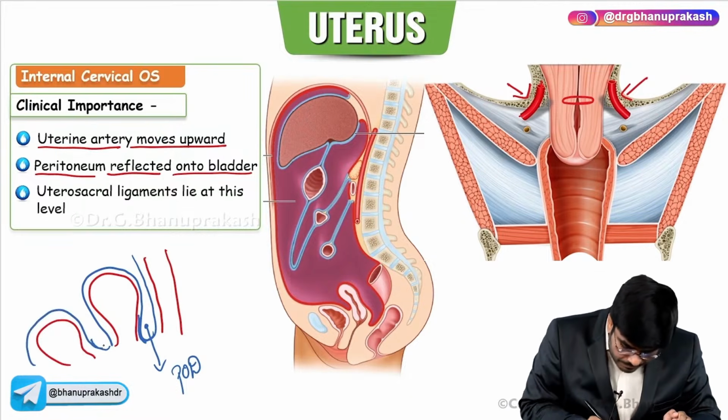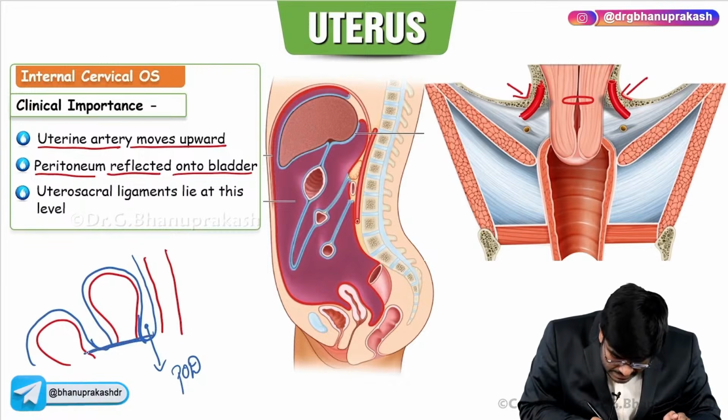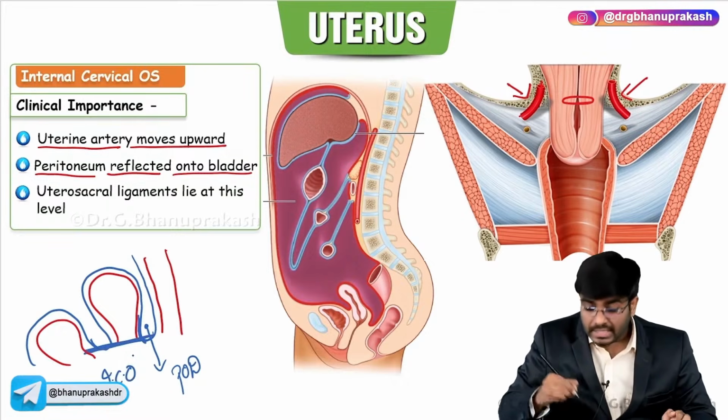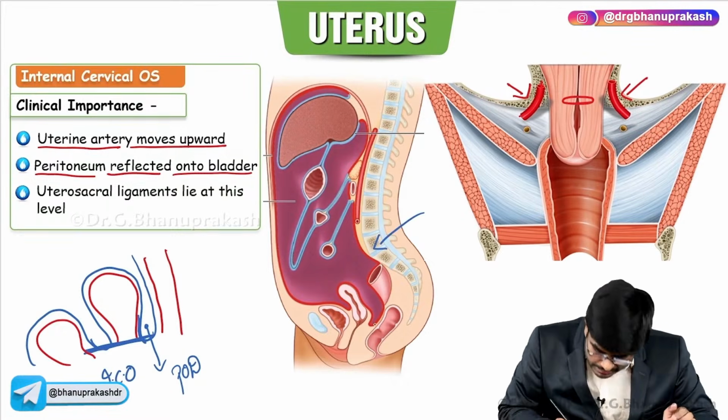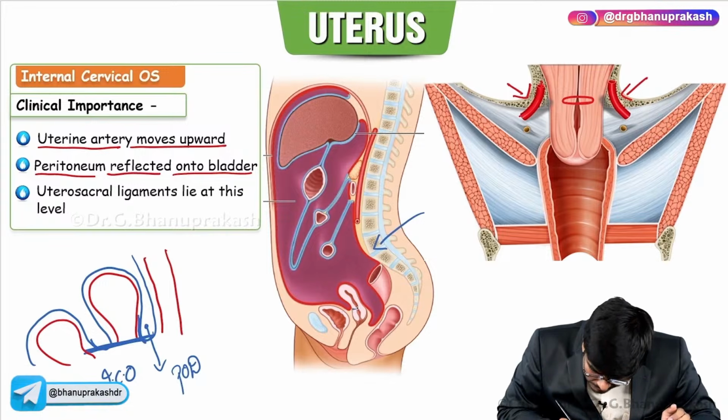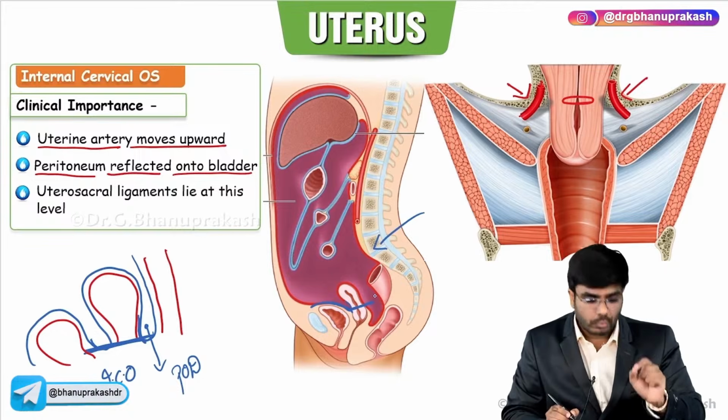This is the level of the internal cervical os. In this image, it's not very clear, but please try to understand: at the level of the internal cervical os, the peritoneal lining is falling over the bladder.